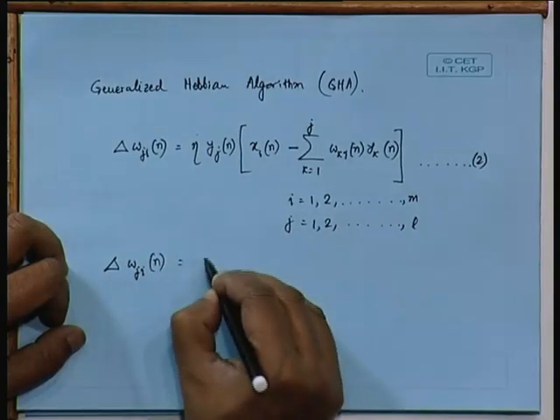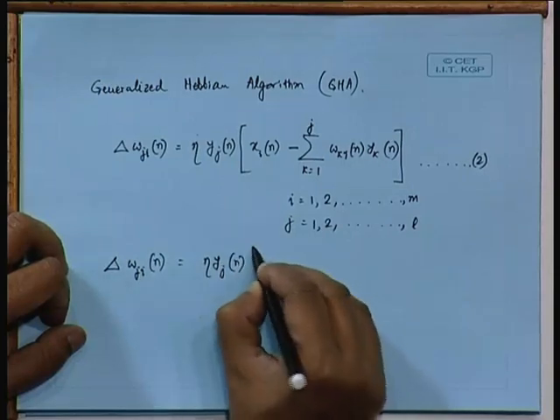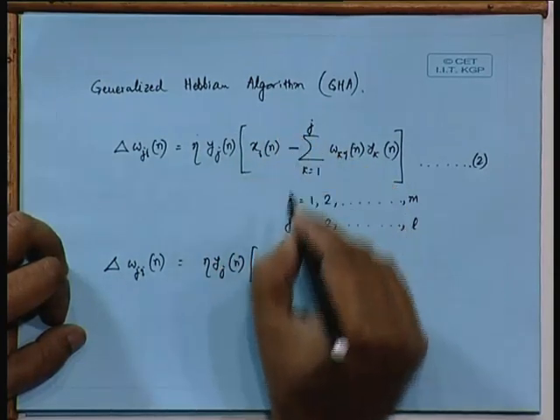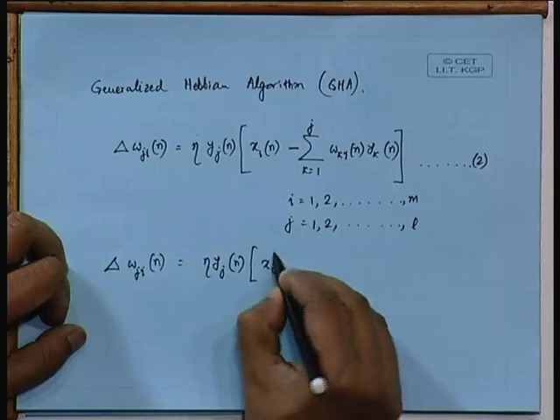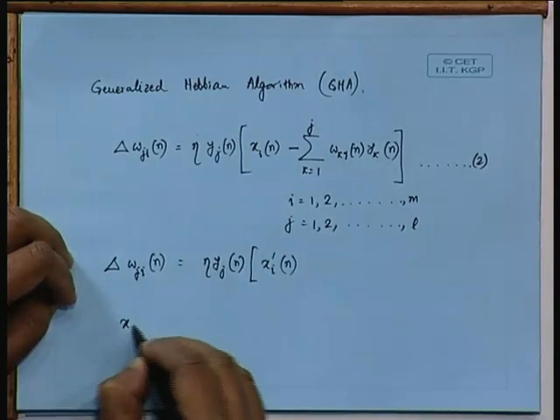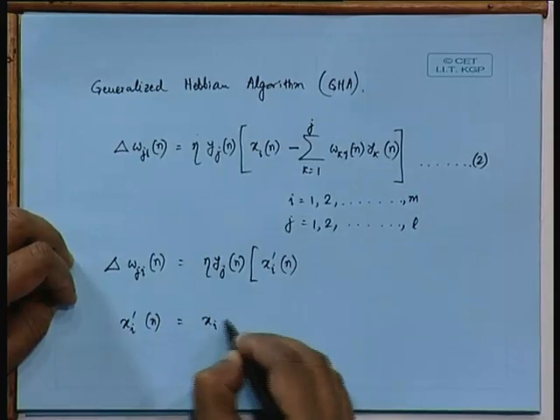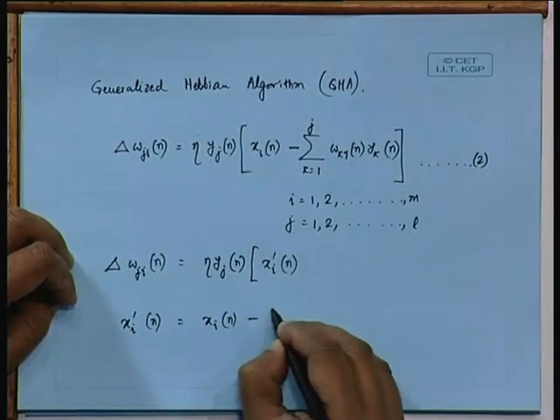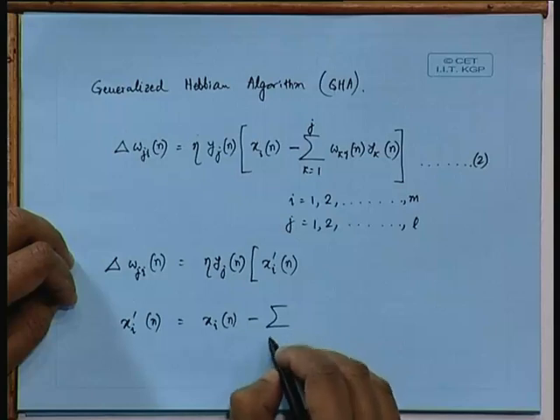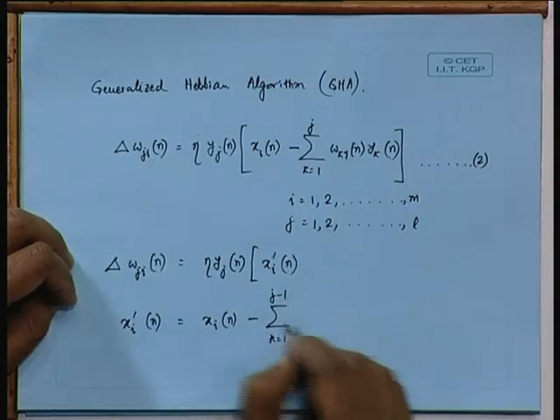Wjin will be equal to eta yjn, and let us define a quantity xi prime n, which we are defining as xi n minus the summation over k equal to 1 to j minus 1.